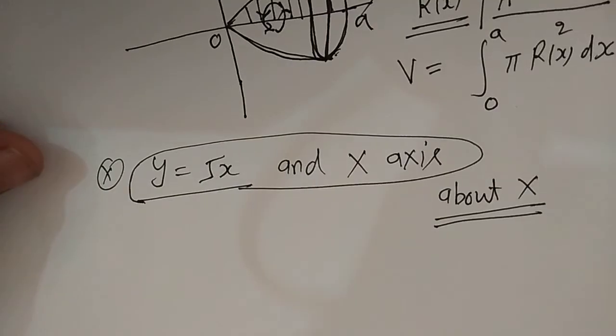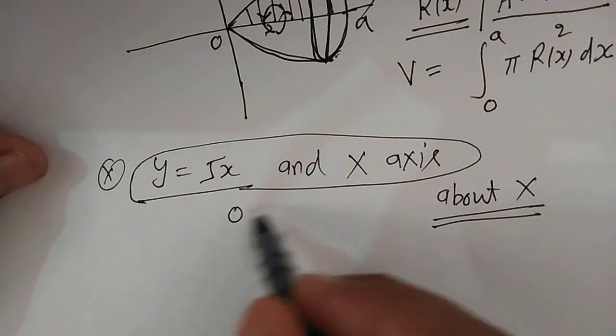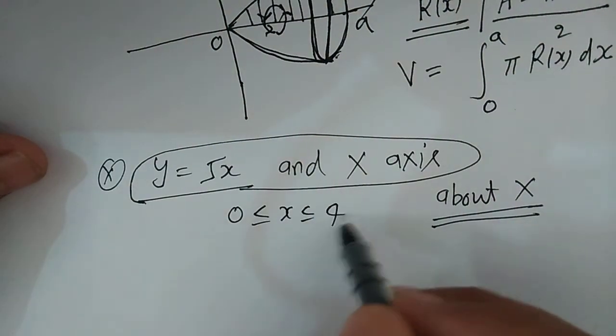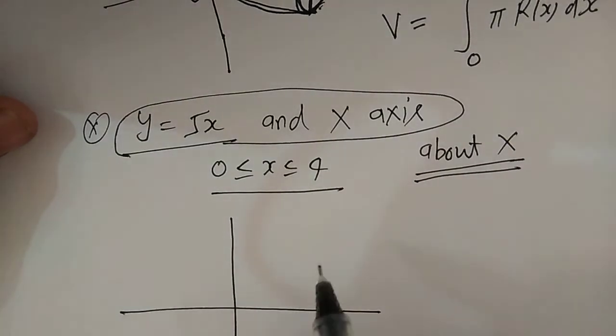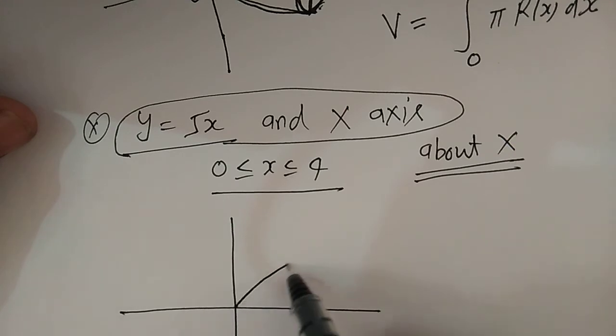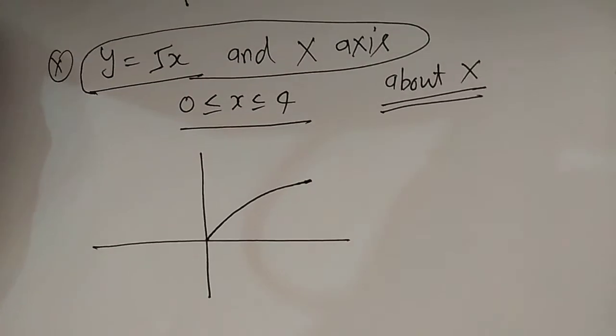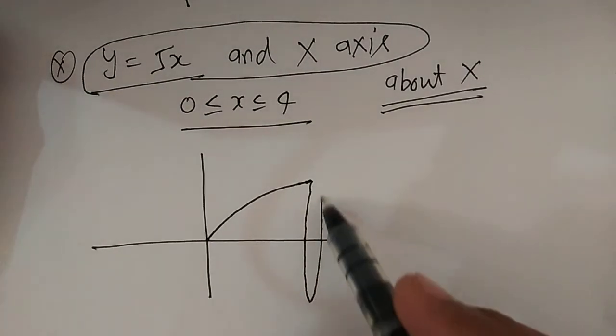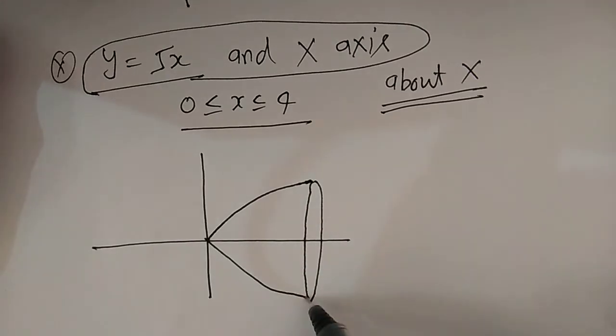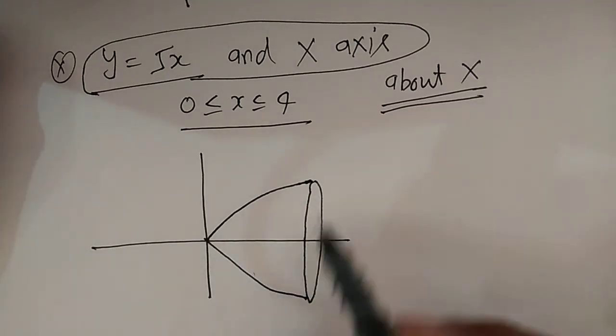It's very simple, and here the x range is given, 0 to 4. So this is the parabola, y square equal to x. Now if you revolve about the x-axis, we get this. So this is your volume.